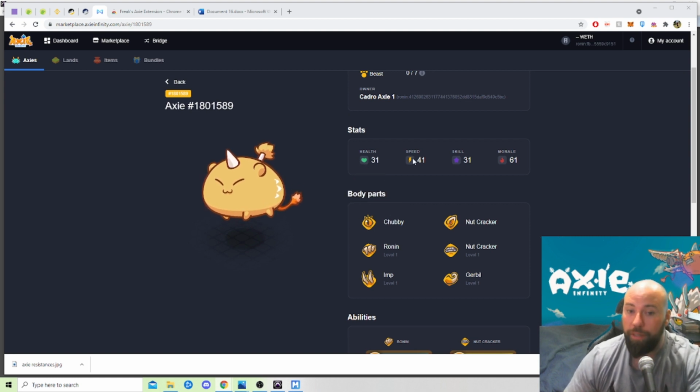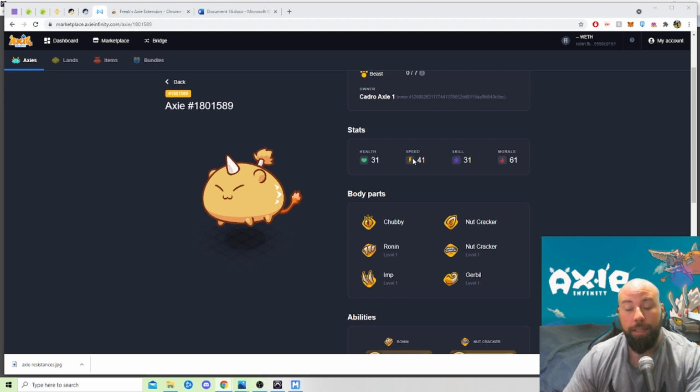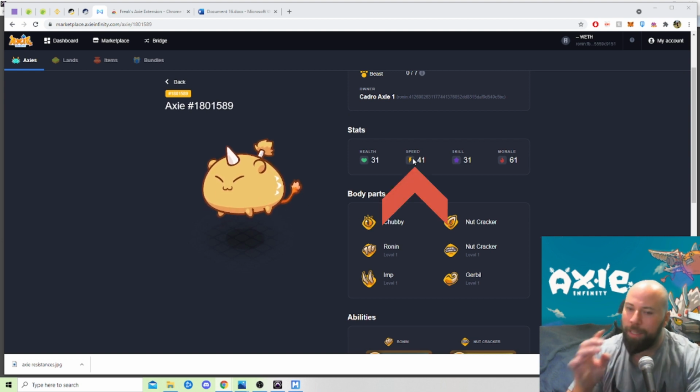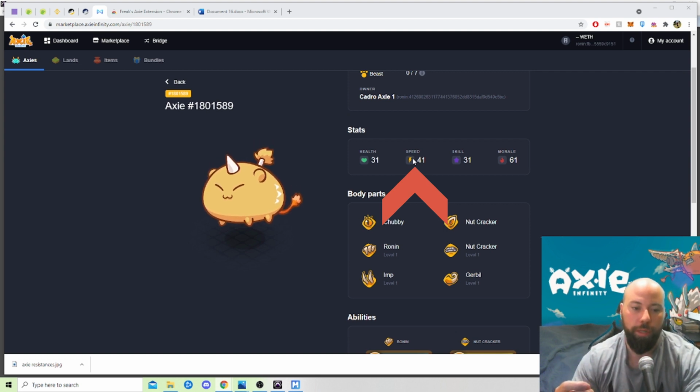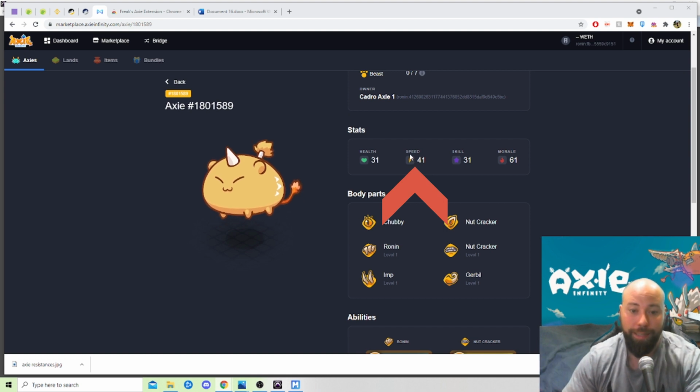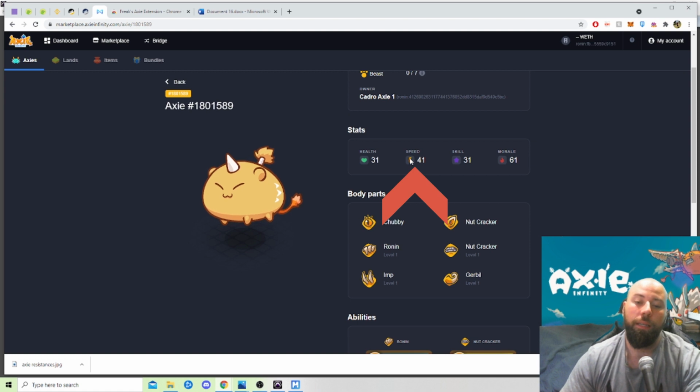If you have high health, you're going to last longer, you're going to be more durable. Speed determines essentially from highest to lowest what turn you go in when you're playing this game, whether you're first or last.